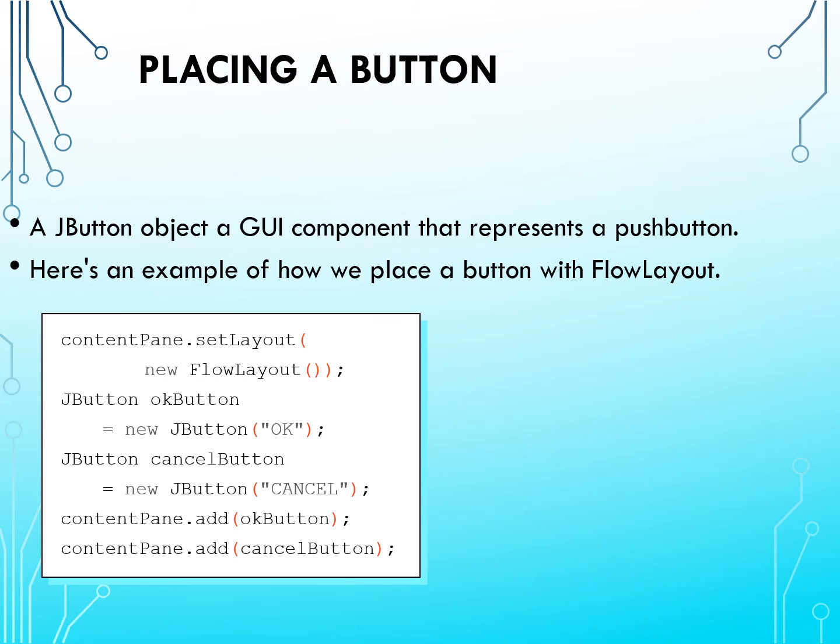One is OK, one is Cancel. Now you only created the objects, but you have not placed them in the content pane yet. So how do you place them? You put contentPane.add(okButton), and then when you want to add the second button, you put contentPane.add(cancelButton).